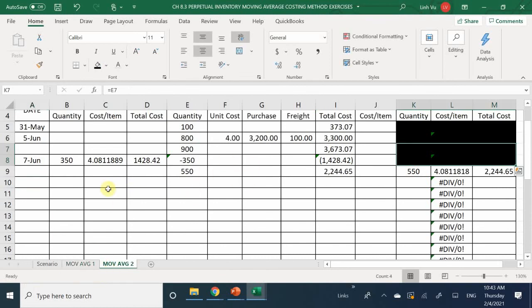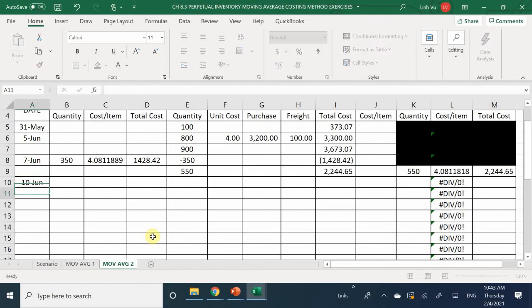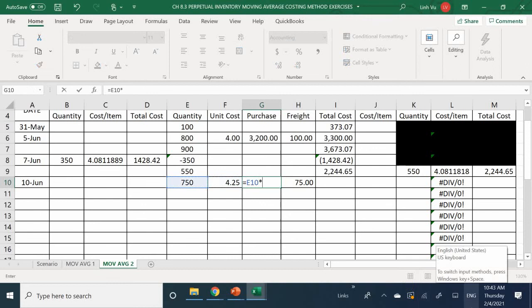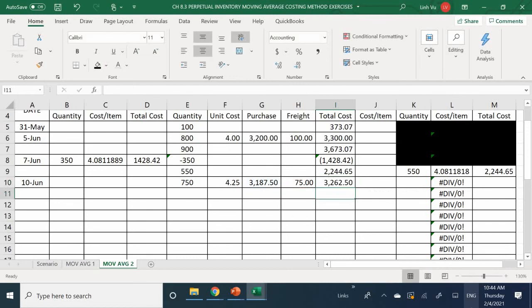So here I have June 10, 750 at $4.25 with a freight of 75. So what's my total purchase price? 3,187.50. Good. Plus my freight giving me a total cost of 3,262.50.